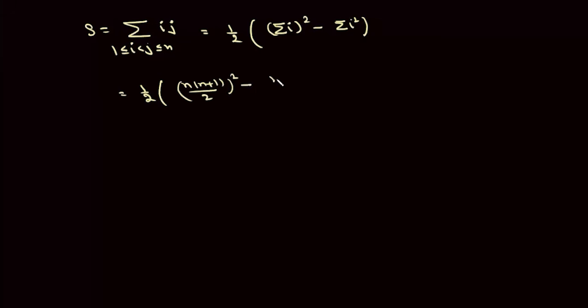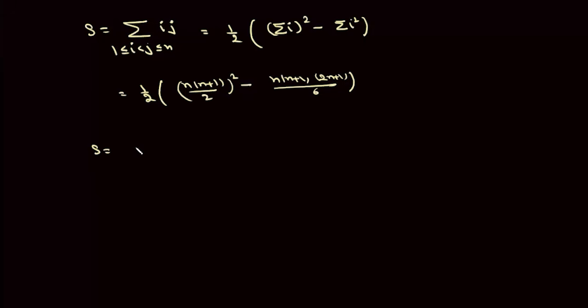So we know that it'll be equal to 1 by 2 and then summation i square minus summation of i square. Now this is 1 by 2 and this is (n plus 1 by 2) whole square, and this is n plus 1 (2n plus 1) whole divided by 6.